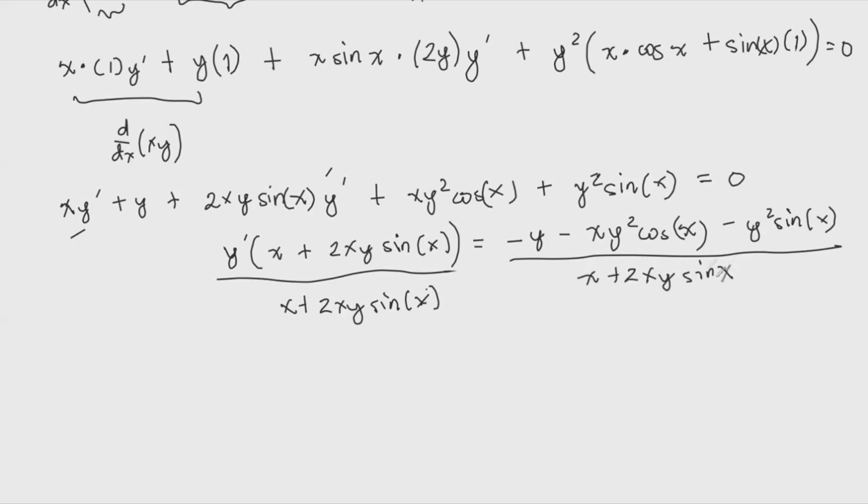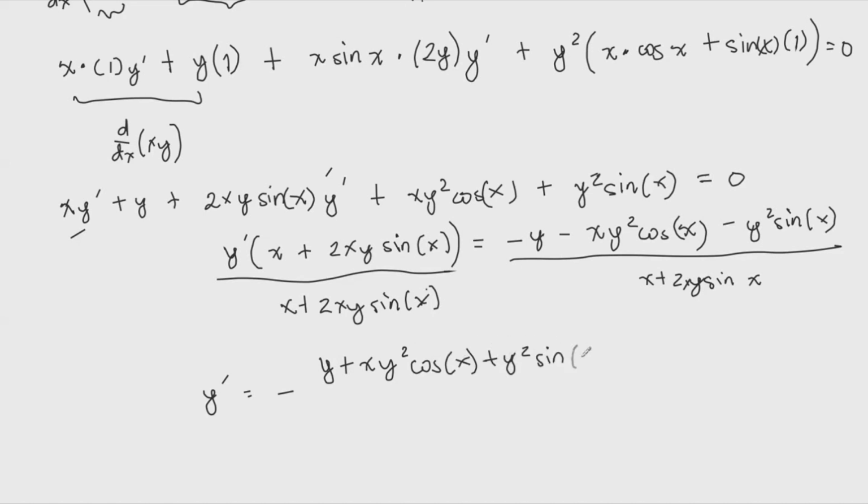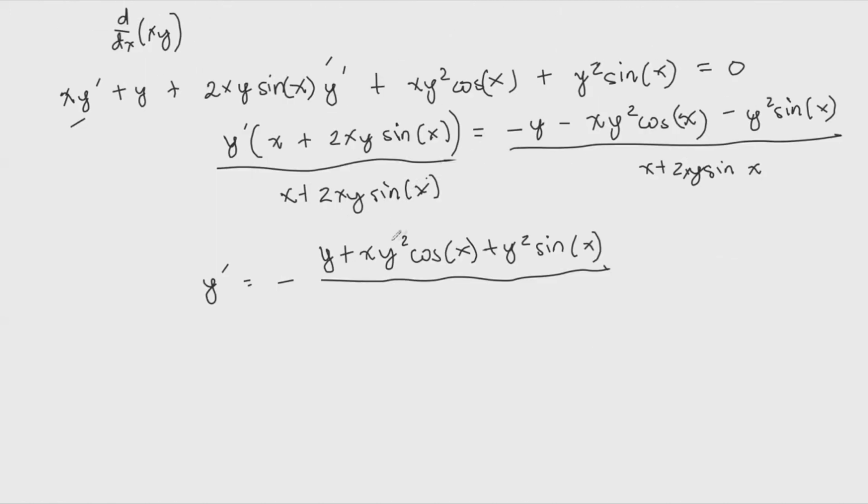So in this manner the answer here is y prime is this whole term here. So let me just add the negative here in front of the fraction line so that I can make all of these positive, so that it's more pleasing to the eye probably, but that's just your own perspective, so you don't have to do that also.